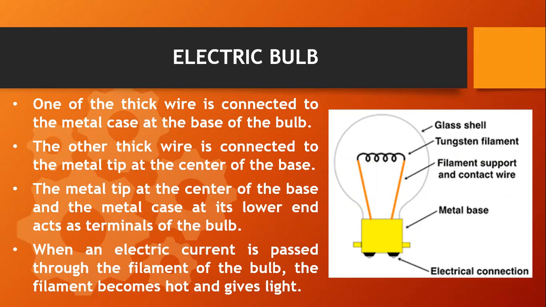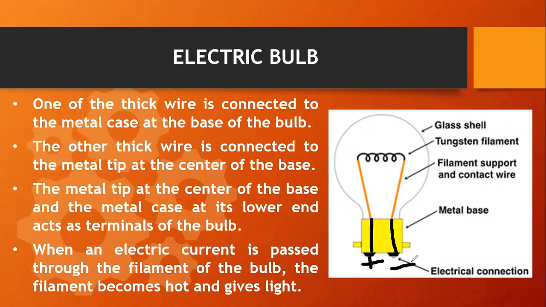As in the battery we have two terminals, positive and negative, the bulb also has two terminals, but it's not written whether it's positive or negative. You can put any of it without any hesitation. So you can see that this wire is connected here and this wire is connected here. You can take this one as a positive terminal and this one as a negative terminal, or vice versa.